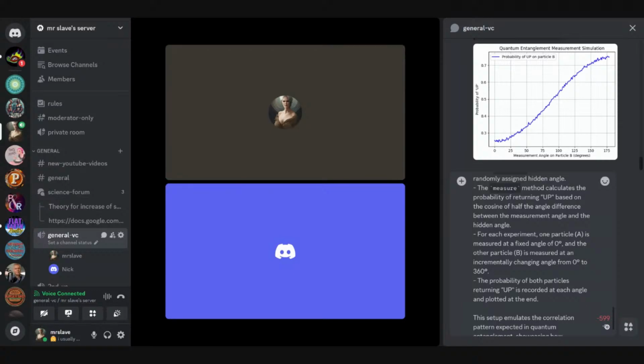Here's the prompt. You can take the prompt, and it will give you the same output. And then let me copy the text.